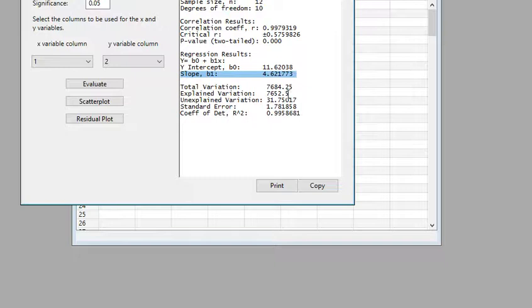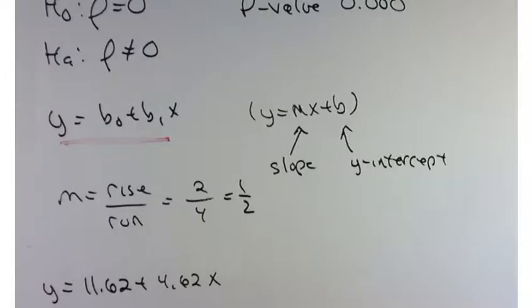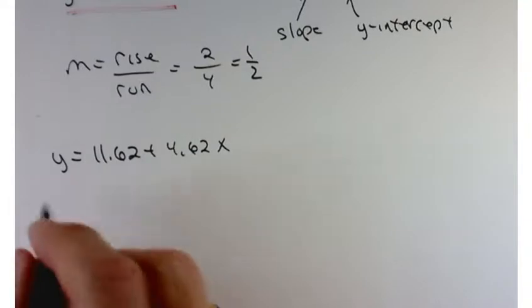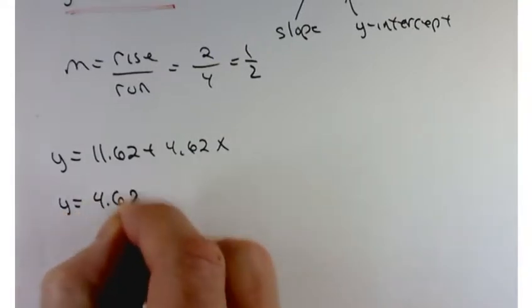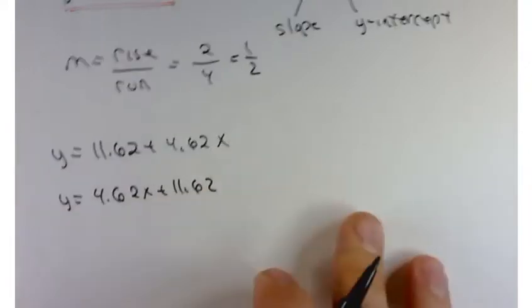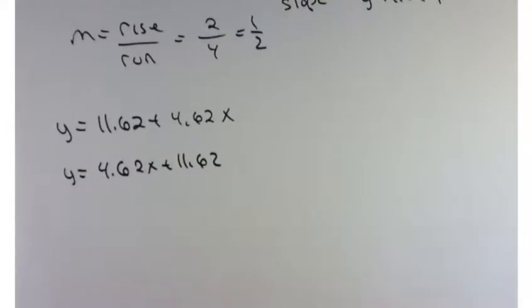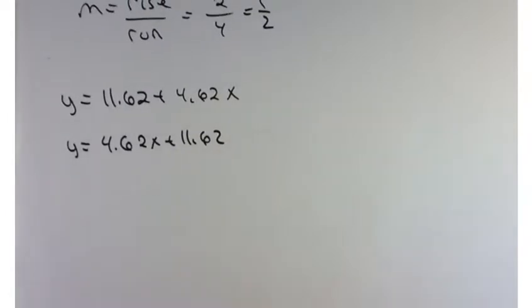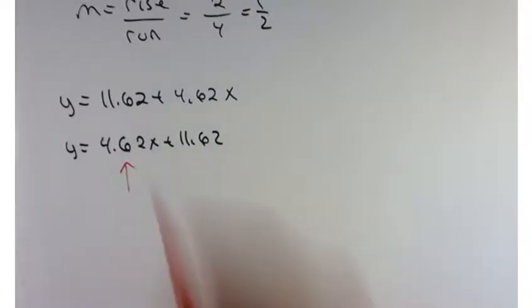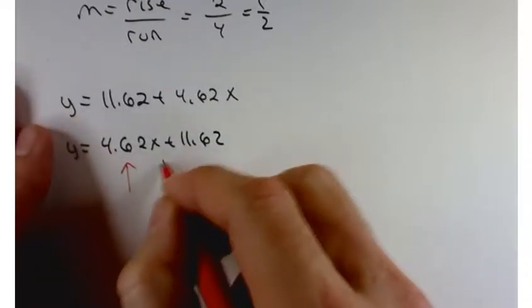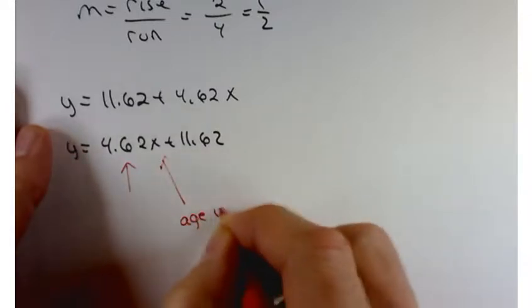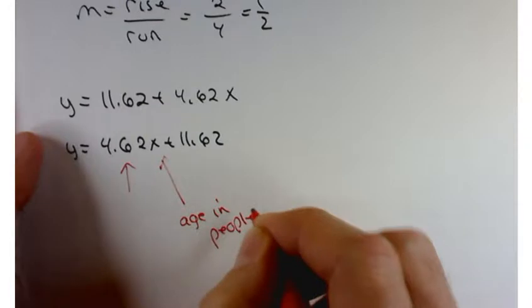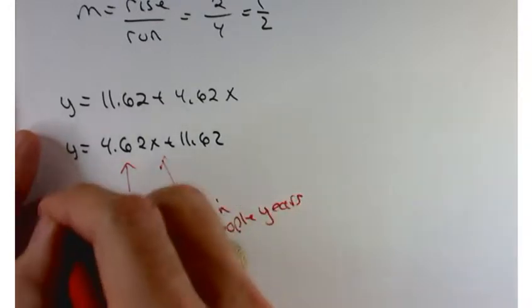So your equation looks like this. I tend to prefer to write it like this, 4.62x plus 11.62. That's just habit. Doesn't really make much difference. But looking back at this, we can now say a little bit more about what this is. Keeping in mind that your x variable is age in people years, and this is your age in dog years.